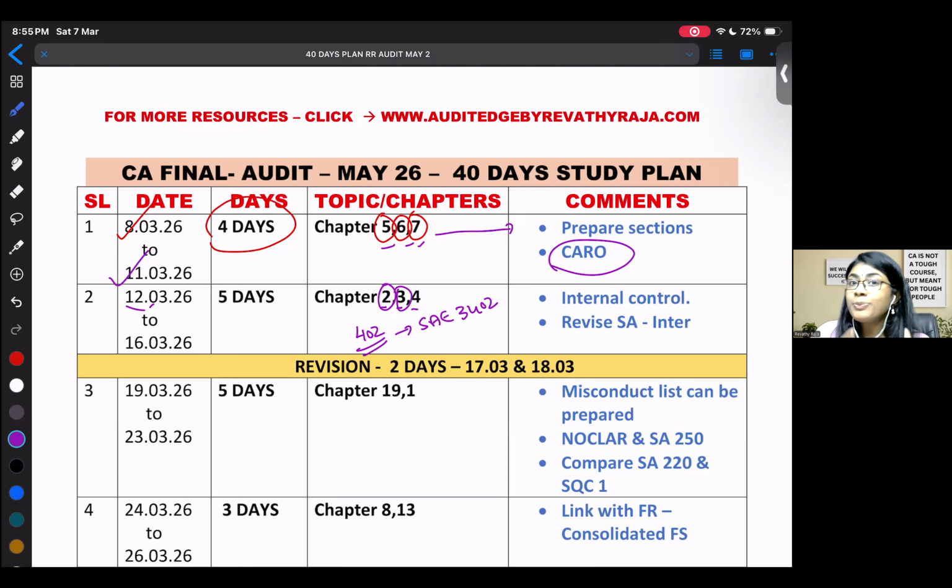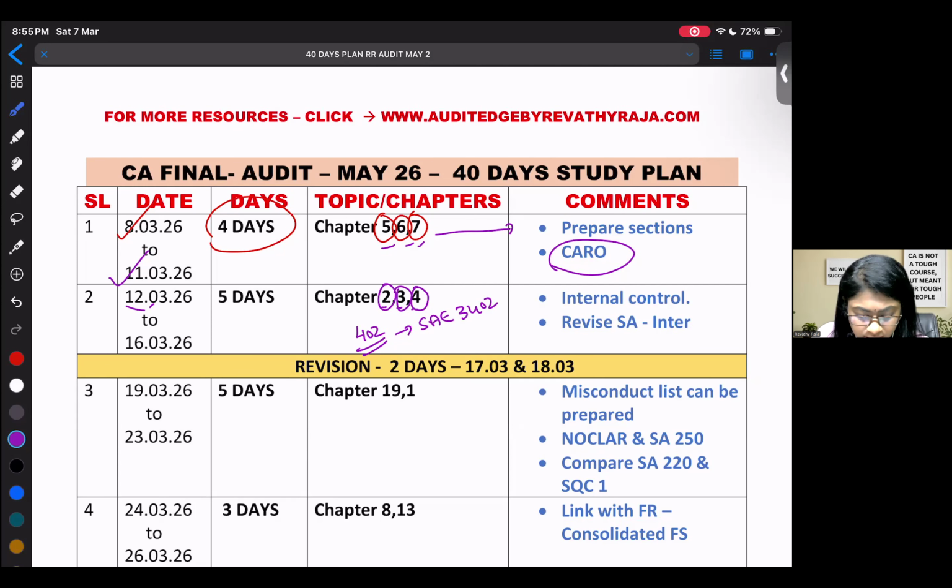Then chapter 3, planning, SA 300, 600, 610, 620, 520, 540, 450. Then chapter number 4, regarding materiality, risk assessment, internal control. Therein you have various topics such as risk-based audit, internal control framework, risk assessment, etc.